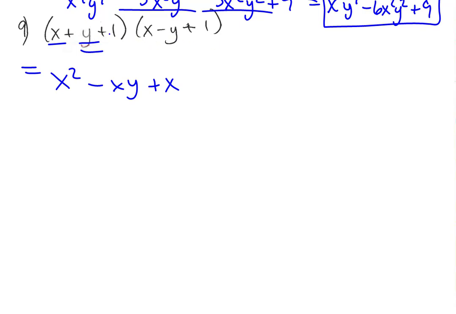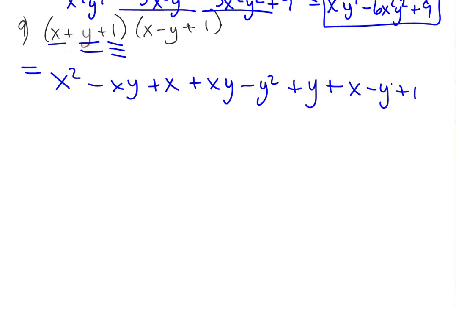So y times x would be a plus xy, or a yx, the order of those doesn't matter. And then y times negative y would be a minus y squared, and then y times 1 would be a plus y. Then we'll move on to the last, the plus 1. If that gets distributed to all the 3 terms after it, we'll just have plus x minus y plus 1, doesn't change anything there.